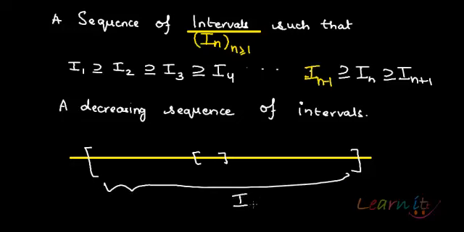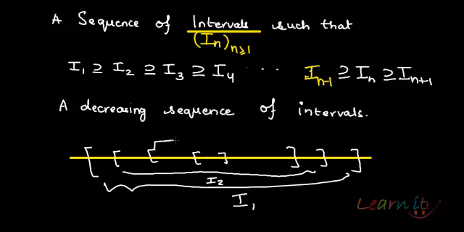We are saying that I2 is contained in I1, this complete thing is I2. Now we're saying I3 is contained in I2, I4 is contained in I3, I5 is contained in I4, and so on and so forth.